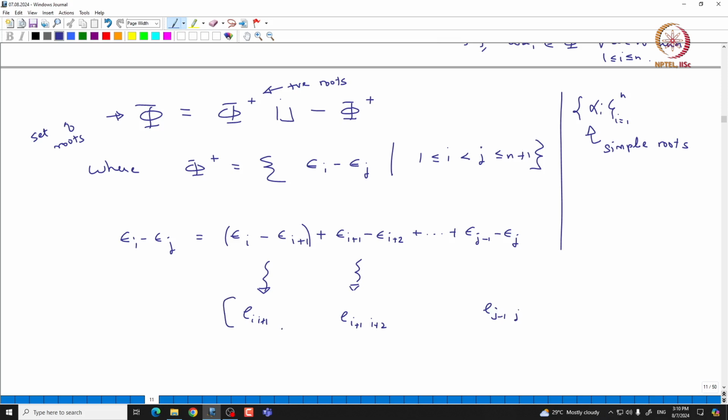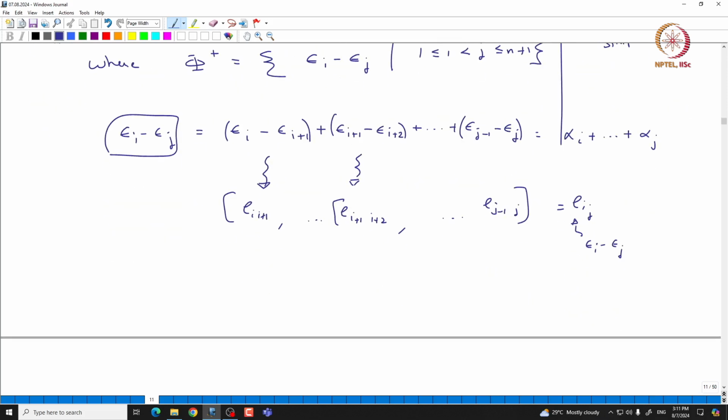So, basically the successive brackets that we have taken give you E_{ij}, which corresponds to epsilon_i minus epsilon_j. So, if you write this epsilon_i minus epsilon_j, you are getting alpha_i plus up to alpha_{j-1}. The coefficients of these alpha_k's inside this expression are all non-negative. That is why these roots epsilon_i minus epsilon_j are called positive roots.